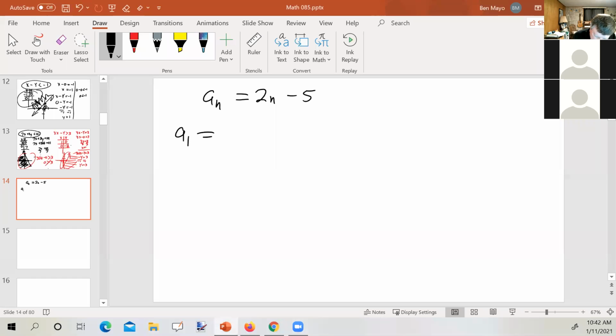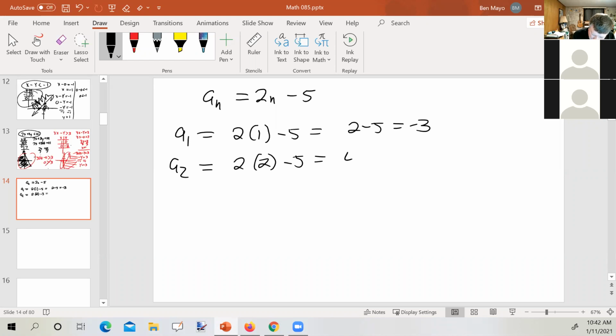A sub 1 would be 2 times 1 minus 5, which is 2 minus 5, which is negative 3. A sub 2 would be 2 times 2 minus 5, which is 4 minus 5, which is negative 1.